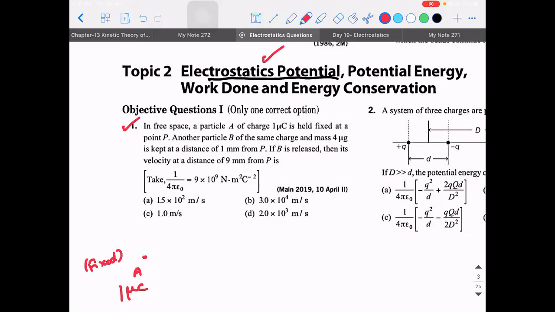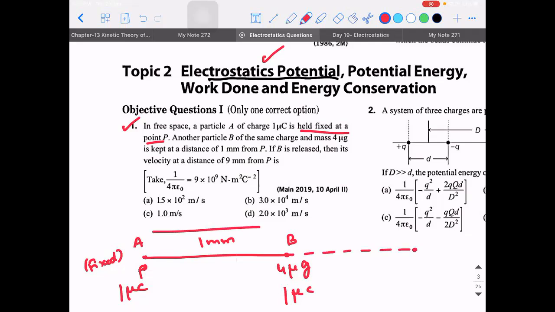Particle A is held fixed at a point P. This is particle A. There is another particle B of the same charge, 1 microcoulomb, and mass 4 microgram, kept at a distance 1 millimeter from P. If B is released, then its velocity at a distance of 9 millimeter from P. 9 millimeter means the distance is increasing.